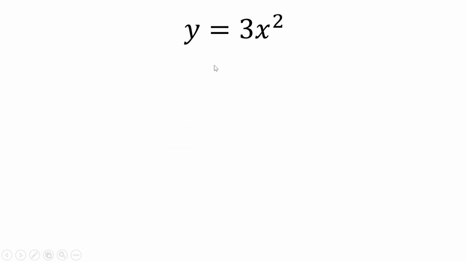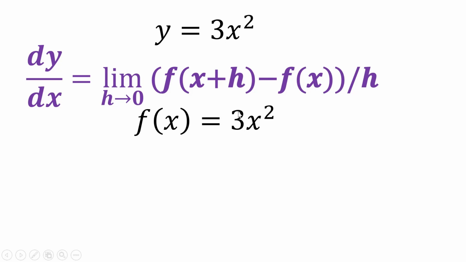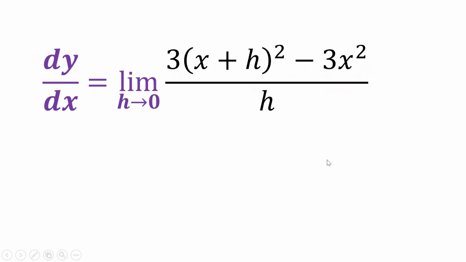Let's proceed to find the derivative of y equals 3x squared. We want to apply the first principle of differentiation. We need f of x, and this is 3x squared. We also need f of x plus h, and that is 3(x plus h) squared. We put into the formula, we have this.